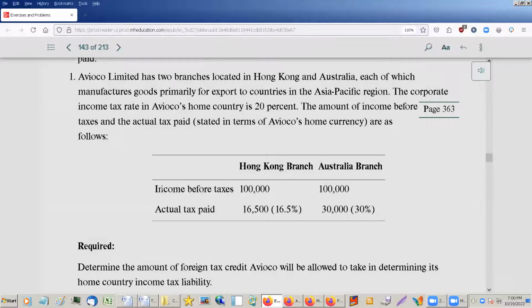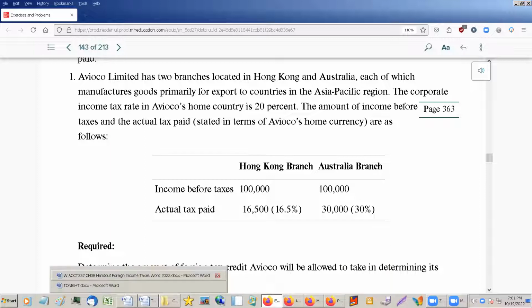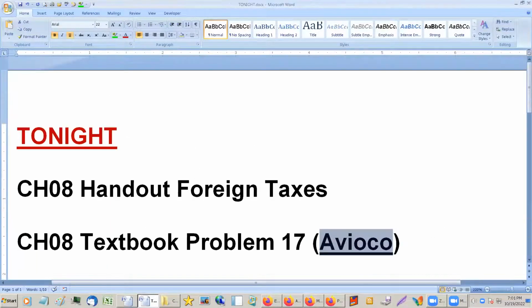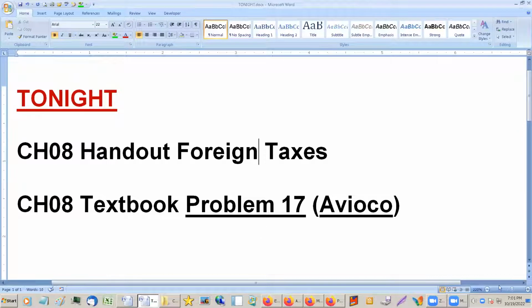In this case, they have 2 countries, but the idea is exactly the same. What would they have for determining their foreign tax credit? And it is number 17. So problem 17 in the textbook, and it shouldn't take you too long. 5-10 minutes.